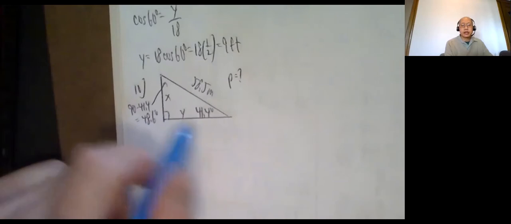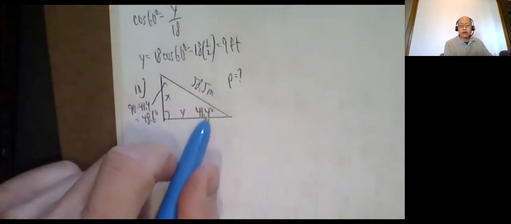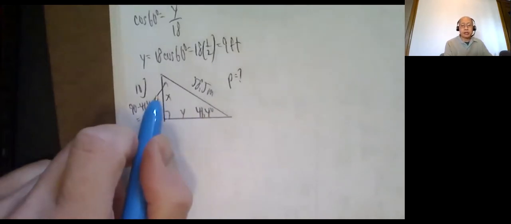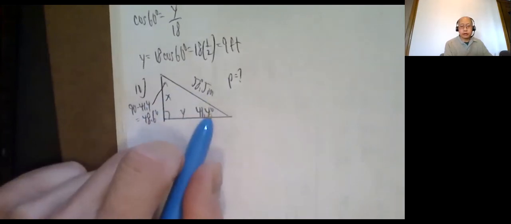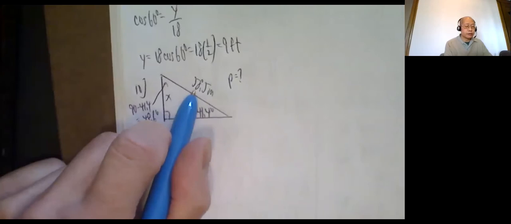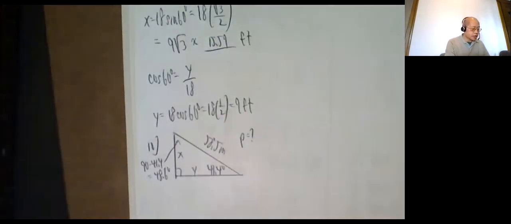All right, let's figure out x and y. So 41.4, opposite, hypotenuse, right? 41.4 degrees. Here's the opposite side, hypotenuse. So which trig function has opposite and hypotenuse? Sine, right?